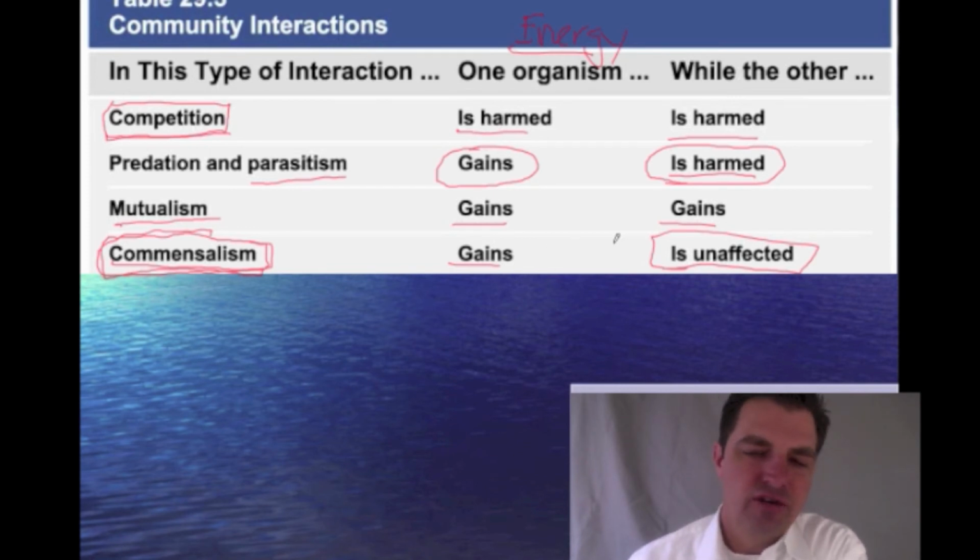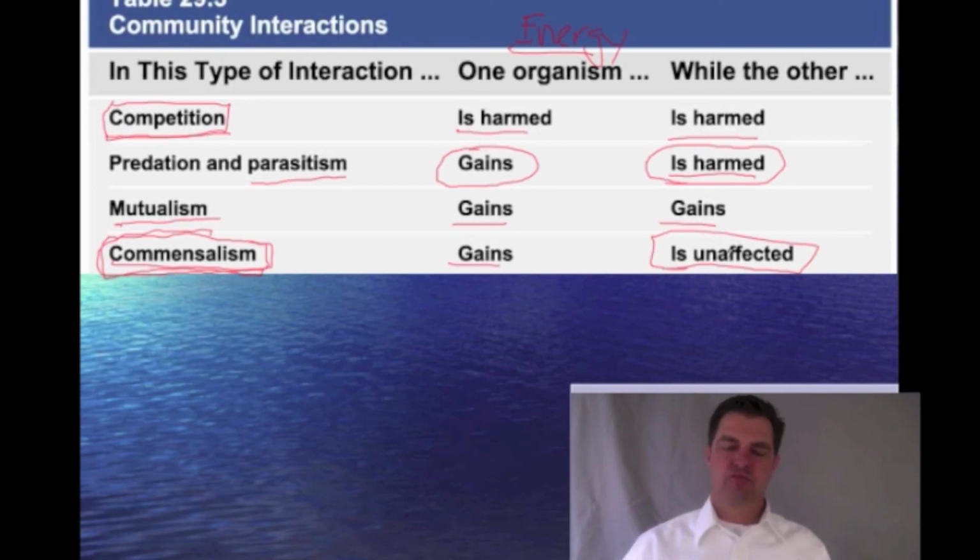Well, if the rhino isn't affected either way, like if there aren't bugs biting the rhino, then the rhino could care less whether the bird's there or not. So the rhino in that case would be unaffected, but the birds would gain because as the rhino walks, it scares up insects that are in the grass. That would be the idea of commensalism.